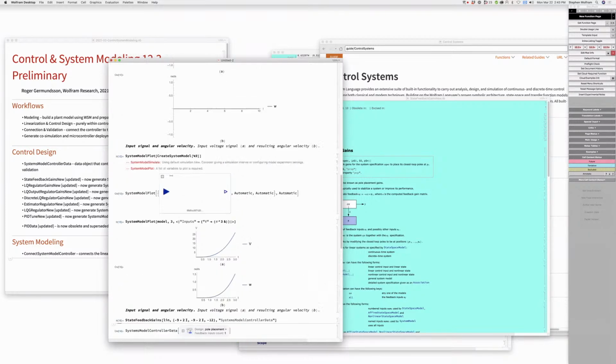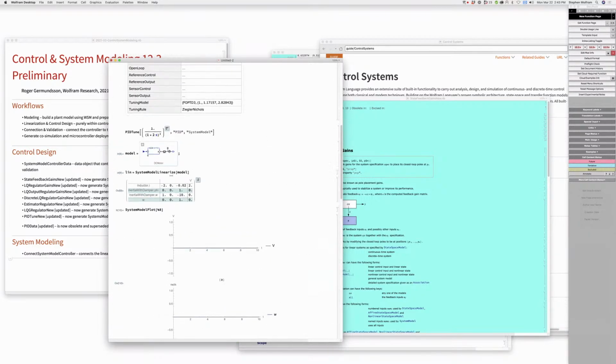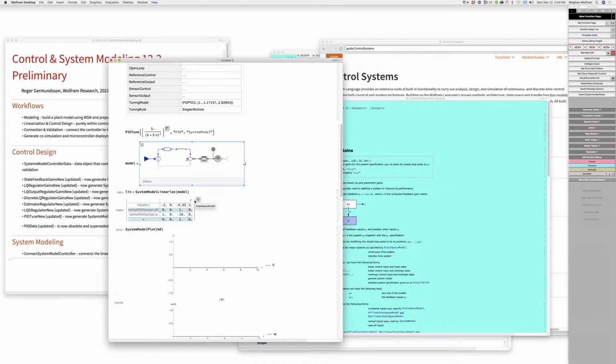So we've got the original system model somewhere up here. This original system model has certain ports. How would I see those ports? That's one of the properties of it. It's a property called input variables, and output variables and so on. But there's no display of the ports.